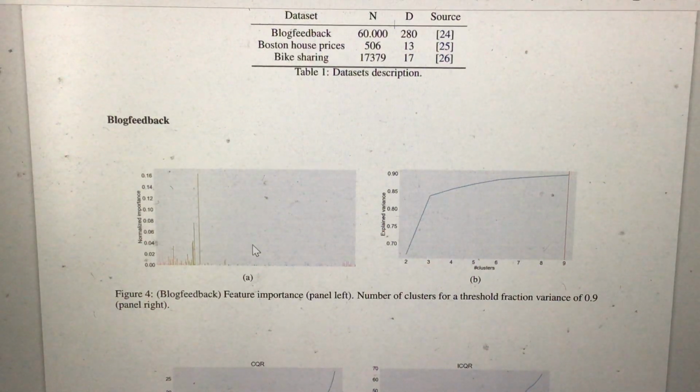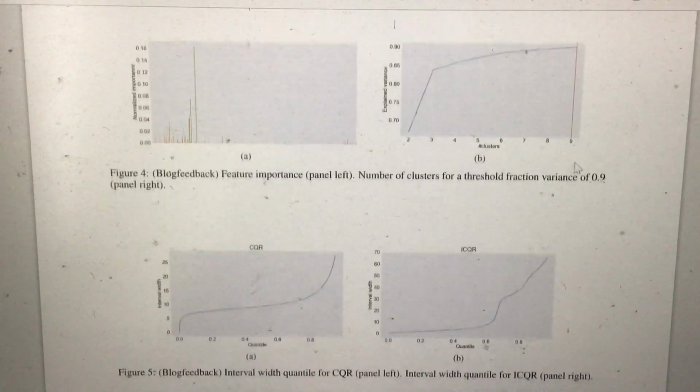So the first one is the blog feedback, and this is the feature importance for each feature. And there is a threshold fraction of variance of 0.9. So we can see that if we have 9 clusters, the variance will become 0.9. So in here, for this data, we have 9 clusters for analysis.